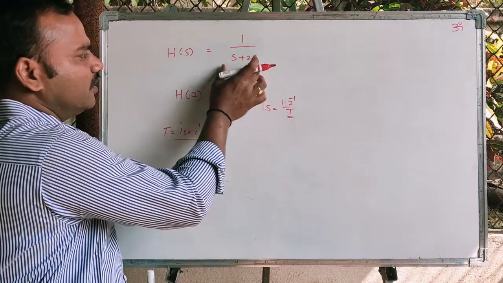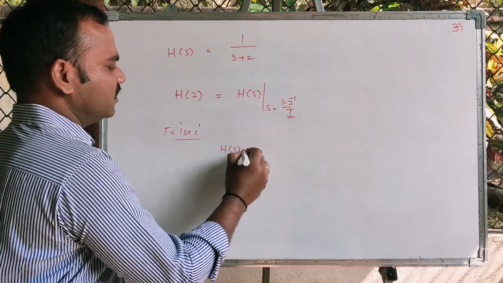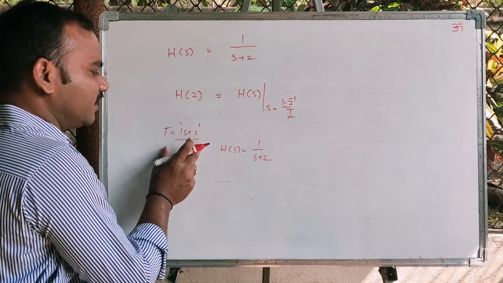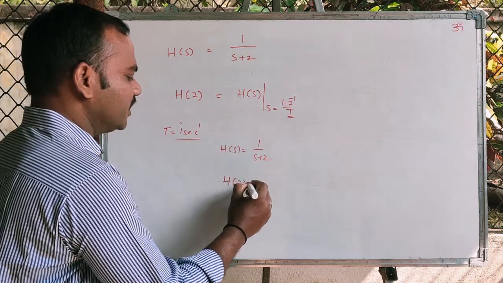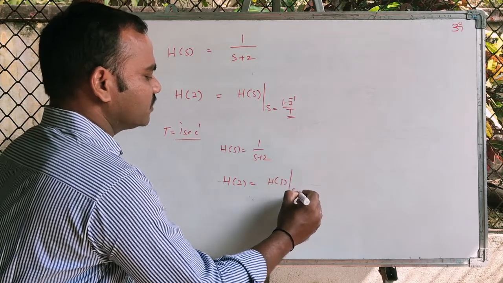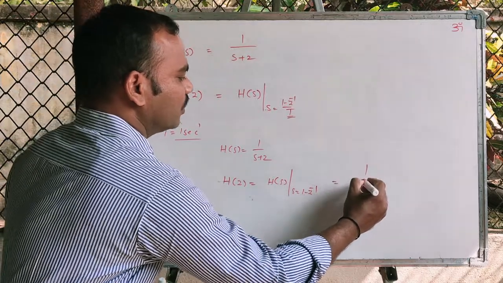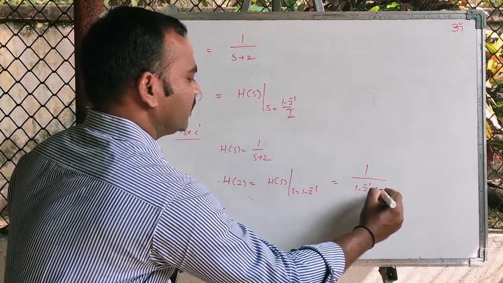Then the analog filter is H(s) equal to 1 by (s plus 2). With this sampling interval, the corresponding H(z) is equal to H(s) at s equal to 1 minus z power minus 1, and this is equal to 1 by (1 minus z power minus 1 plus 2).